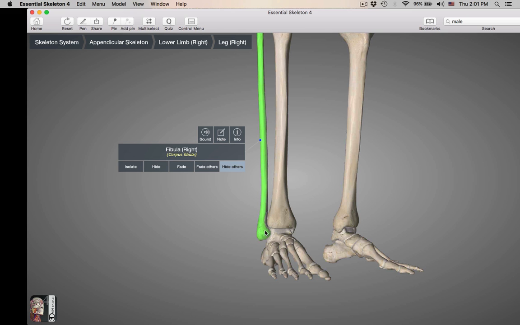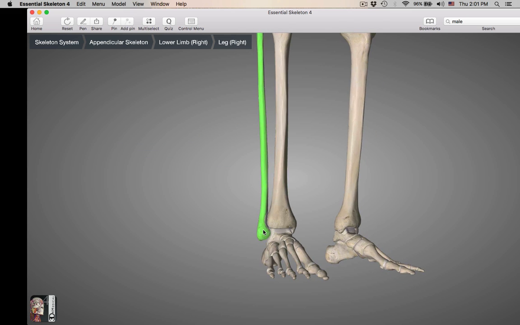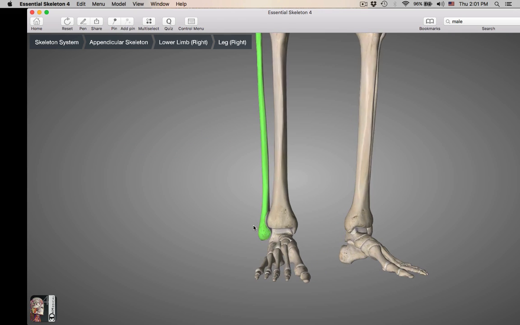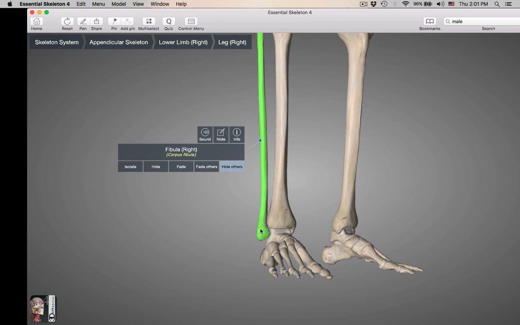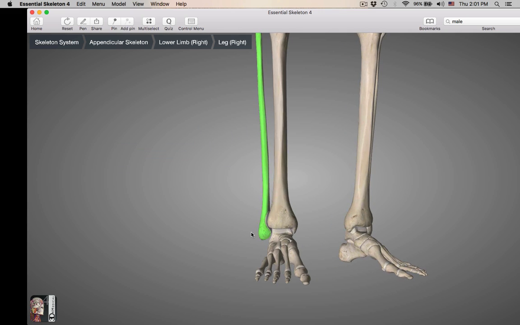I think they said malleolus stands for a hammer, like a mallet. Not sure why they call it a hammer, but the lateral malleolus is this projection down here. Medial malleolus down here. Those are the bumps of the ankle on each side.